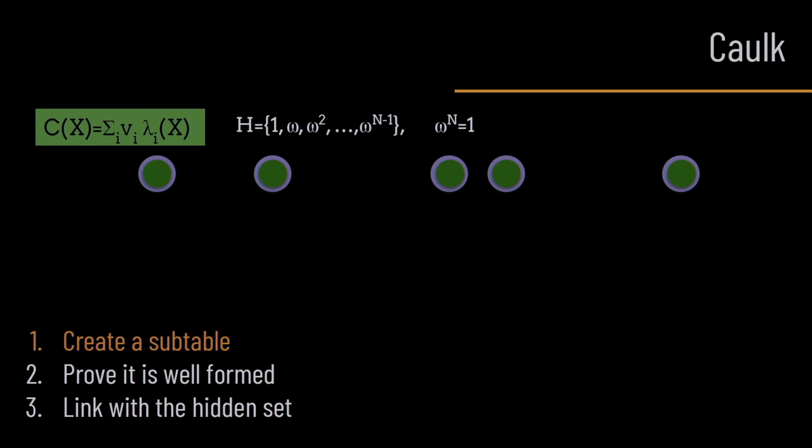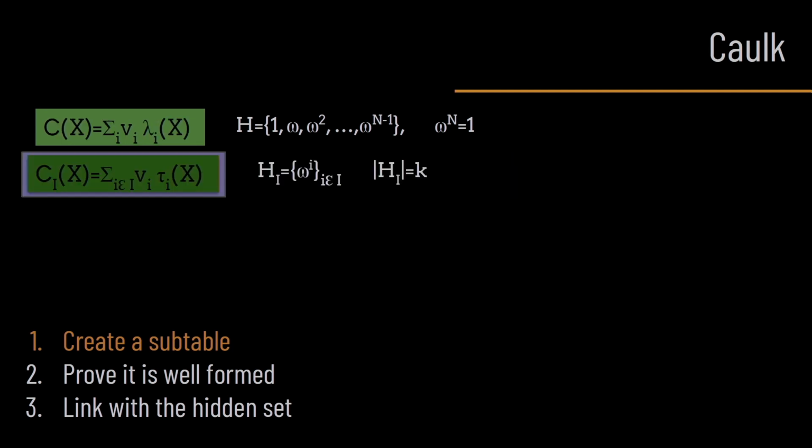But for the subtable, we are creating a subtable because we want to work with smaller things. So committing to the subtable with the same set of Lagrange polynomials would be nonsense. So what we do is commit to it with another set of Lagrange polynomials that correspond not to the entire set of roots of unity of size n, but only to those that represent the values we care about, that represent the positions we care about.